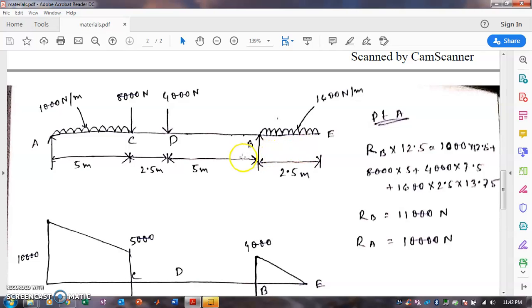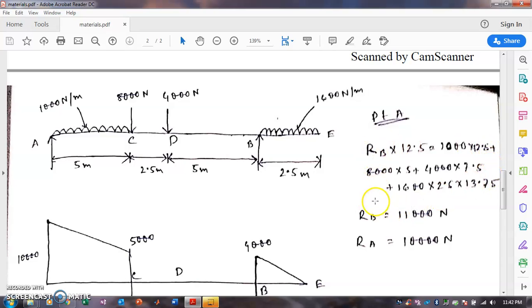So RB into the distance 12.5 meter equals 1000 into 2.5, that is the total UDL load, into 12.5, plus moment due to 800, that is 800 into 5, plus moment due to 400, that is 400 into 7.5, plus moment due to 1600, that is 1600 into 2.5, that is the total load, into the perpendicular distance 12.5 plus 0.25, that is 13.75.